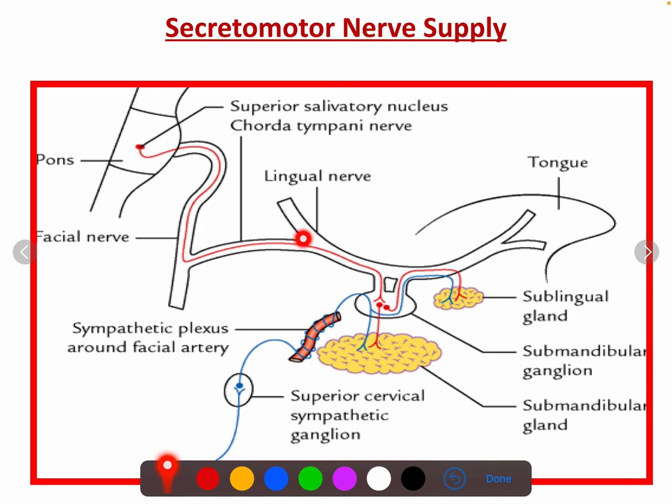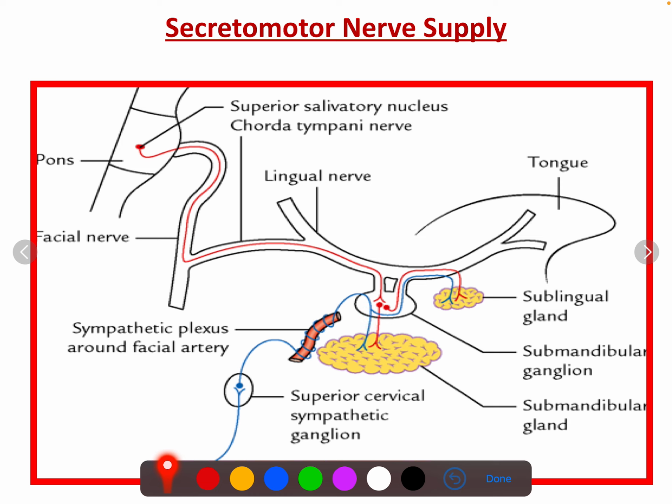This chorda tympani nerve later joins the lingual nerve in the infratemporal fossa. The lingual nerve brings the preganglionic fibers to the submandibular ganglion, which is the peripheral parasympathetic ganglion. The postganglionic fibers arising from the submandibular ganglion supply the submandibular gland. That is the secretomotor innervation, the parasympathetic supply.